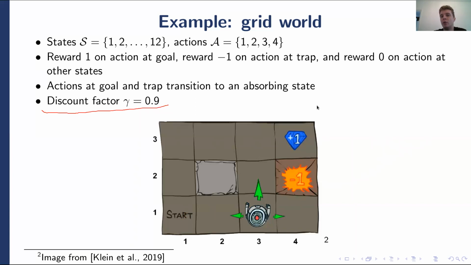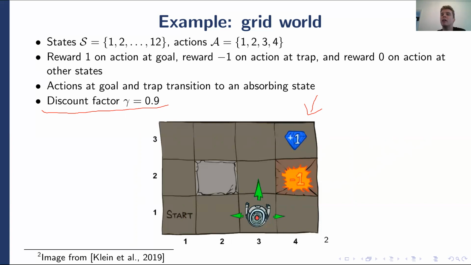And so if the agent wants to make the most of the reward that it's going to observe only once when it makes an action in this state, it's going to have to arrive there as soon as possible. So having a discount factor in the problem formulated like this makes it so the agent has an incentive to reach the goal as soon as possible.